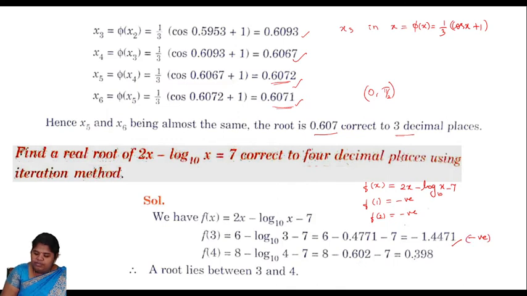And now substitute x is equal to 4, we get 8 minus log 4 minus 7, which is equal to 8 minus 0.602 minus 7, which is 0.398, a positive value. Since f of 3 and f of 4 are of opposite signs, the root lies between 3 and 4. So the root of this given equation lies between 3 and 4.